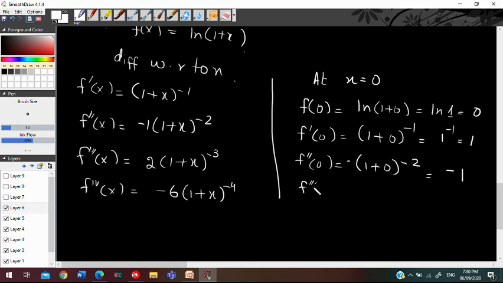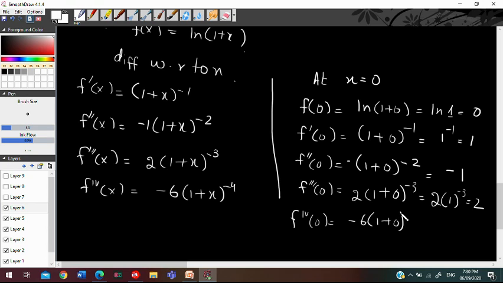F triple prime of 0 is equal to 2 into (1 plus 0) power minus 3, which means 2 into 1 power minus 3, and that is equal to 2. And f4 of 0 is equal to minus 6 into (1 plus 0) power minus 4. So here we have minus 6.